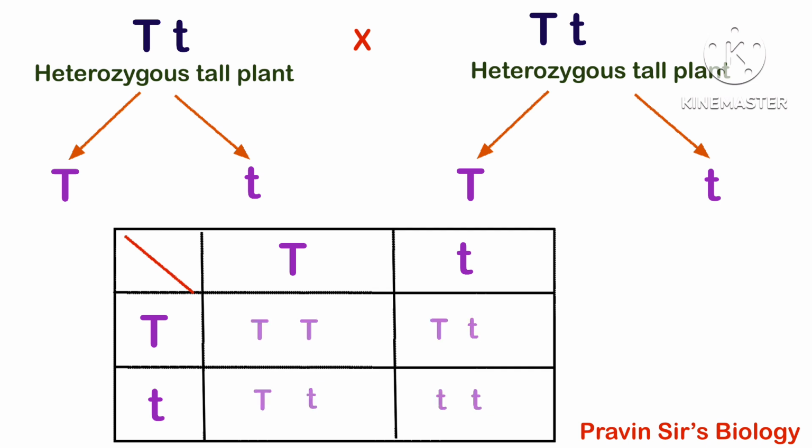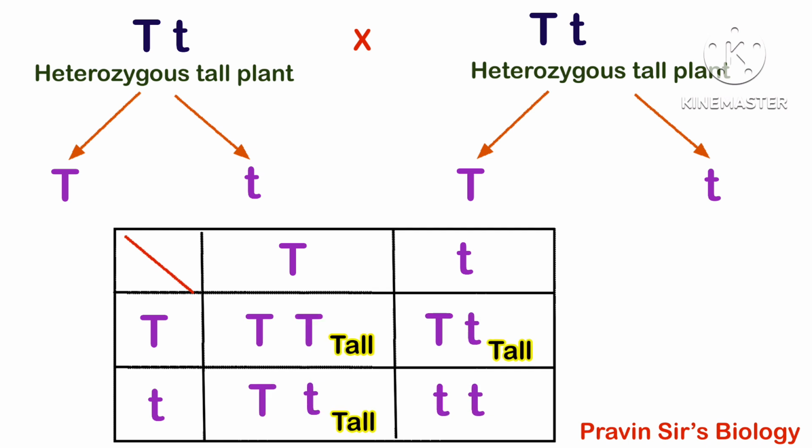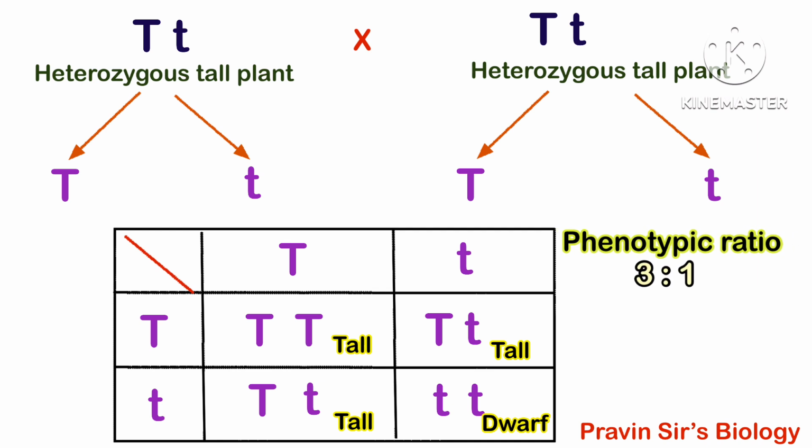So here out of 4 plants, 3 plants are tall and 1 plant is dwarf. This is the phenotypic ratio, 3:1. 3 plants are tall and 1 plant is dwarf.